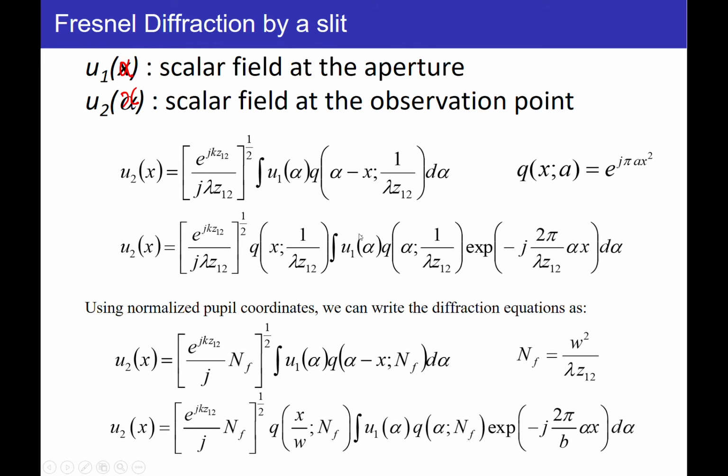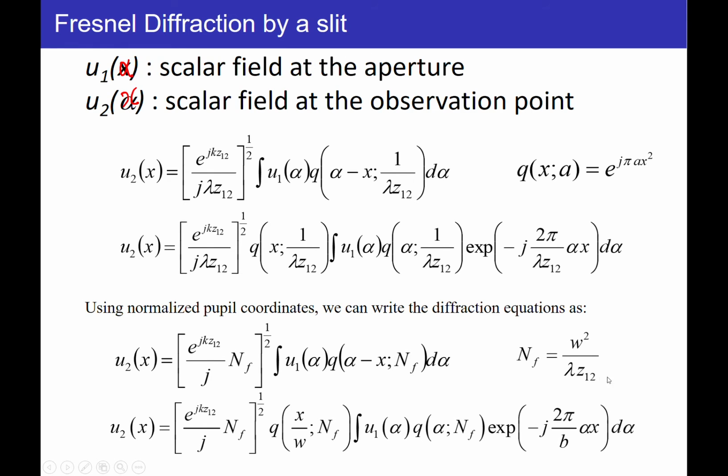And then we further change the variables, and we arrange this one, and then we get that U2 is given by, we take x and the 1 over lambda z12 out of this integral, and then we have these terms, okay? And then utilizing the normalized Fresnel condition, we can write the diffraction equation as, if everything is normalized, then we have U2 is given by U1 times Q of alpha minus x as a function of an external parameter, the Fresnel number, NF.